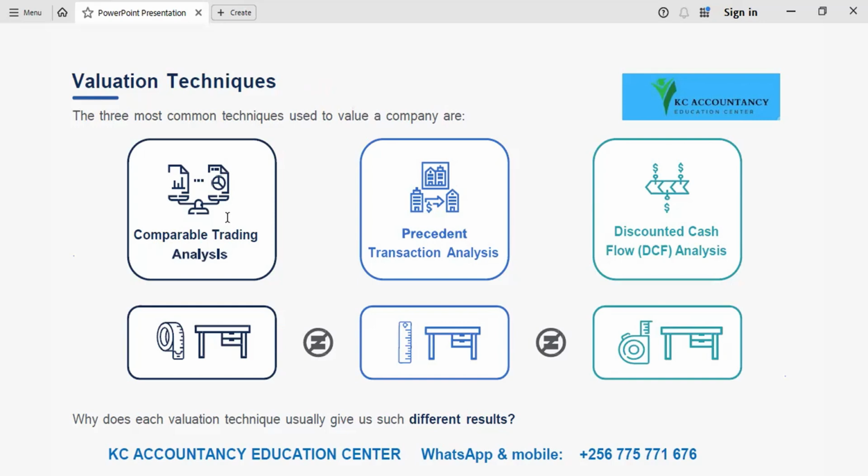Because from this example that we have, you may find that we have their conversion. If this one is measuring in centimeters, this one may measure in meters. Then we do a conversion and we have the same thing. So we want to understand some of these items: comparable trading analysis.